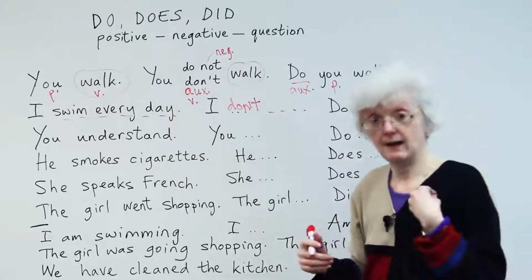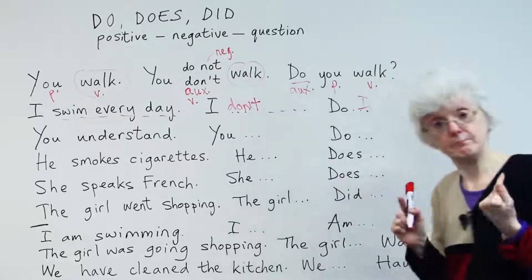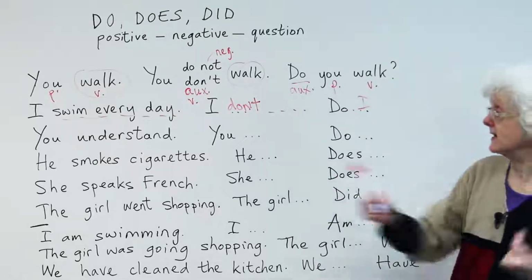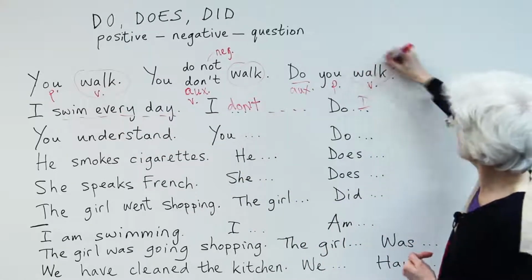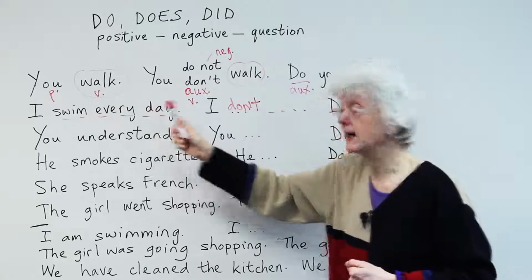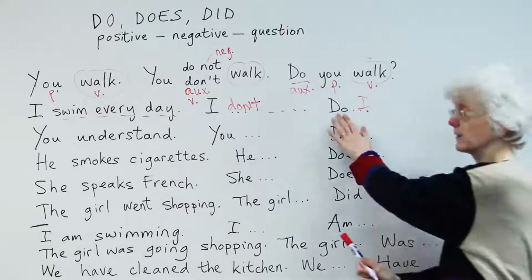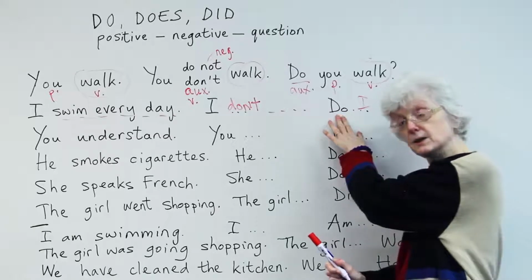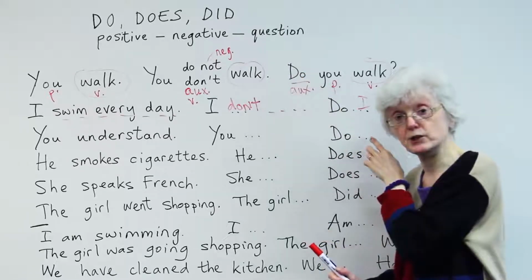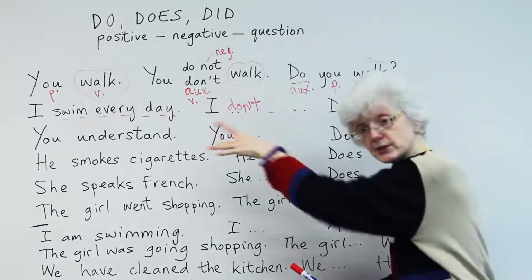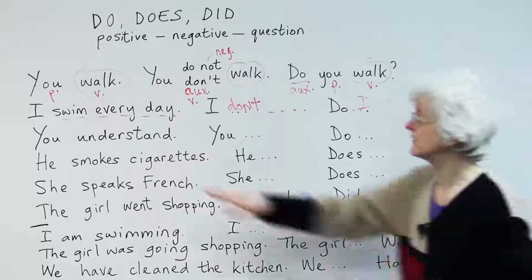Do I swim every day? Okay, so it's always do at the beginning of the question, and then you just use the same words. Okay, so let's try the next one.